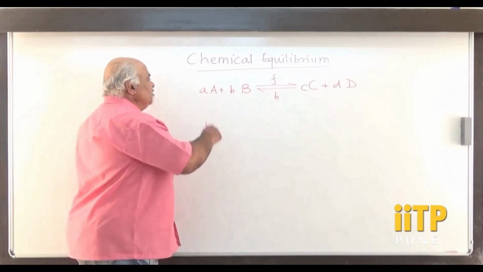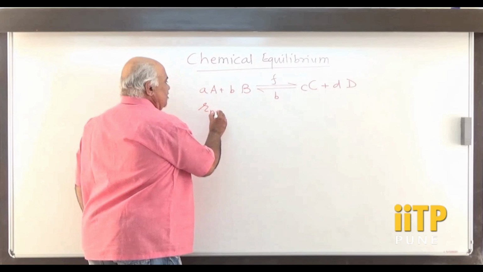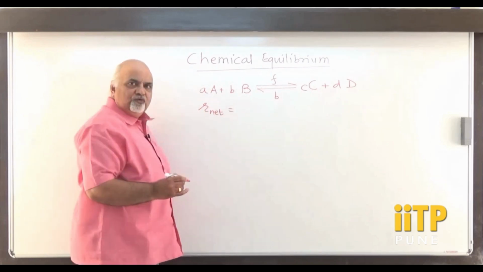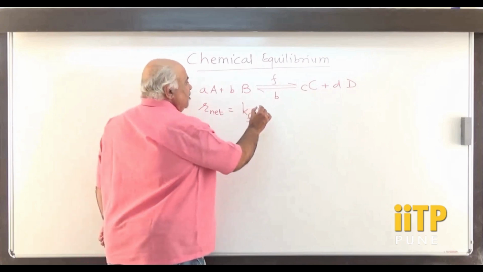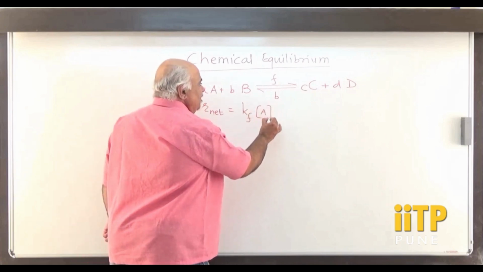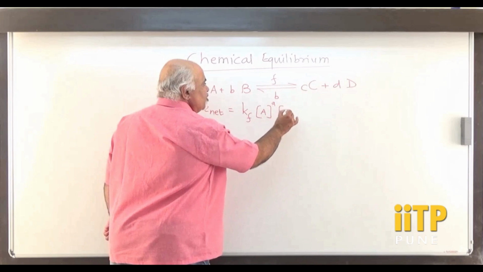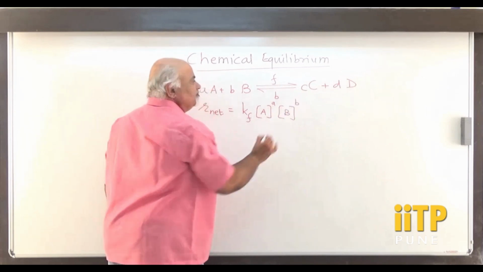So we can write the net rate, and that will be equal to the forward rate constant Kf multiplied by the concentration of A raised to a, concentration of B raised to b.